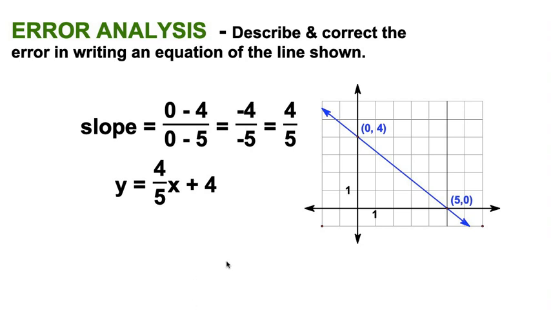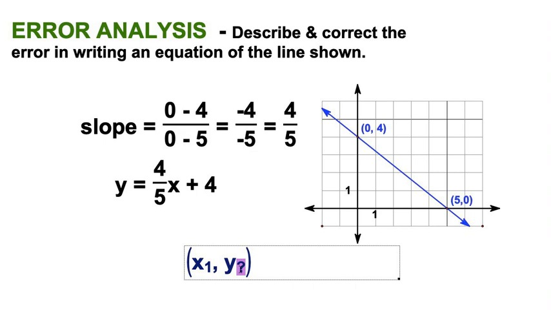Let's check this one out. There's something wrong with this. Zero minus 4 over 0 minus 5. Now, we do remember that we take a point and we're going to call it an x1, y1. This is how when we use the slope formula, we say x1, y1.